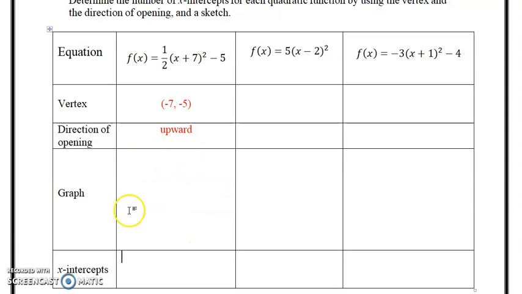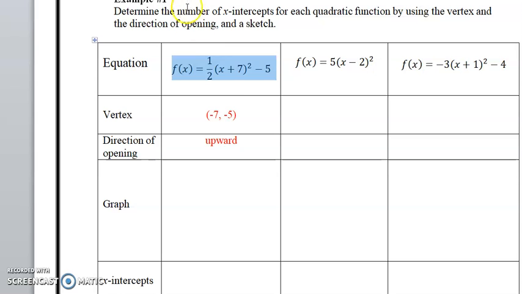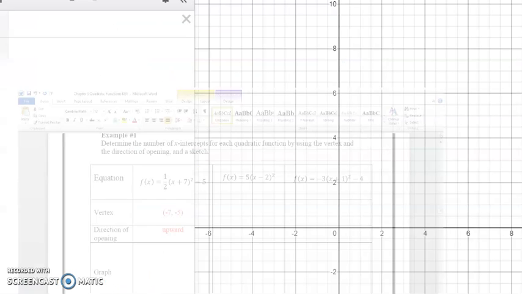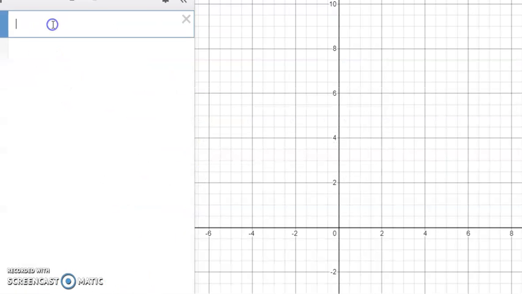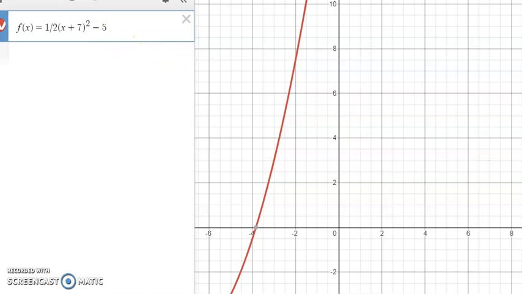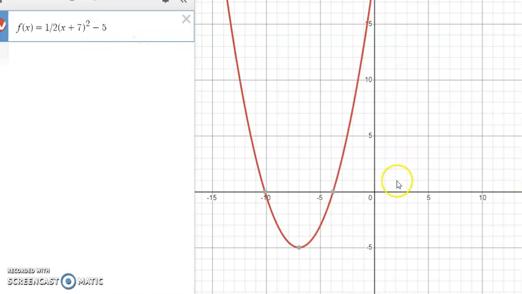So I want you to sketch the graph here. I'm going to do a quick sketch in Desmos. So I'm going to copy my equation. All right, so now I'm going to cheat. I'm going to copy this graph and put it into our Desmos graphing calculator. You'll notice that, okay, there we go.